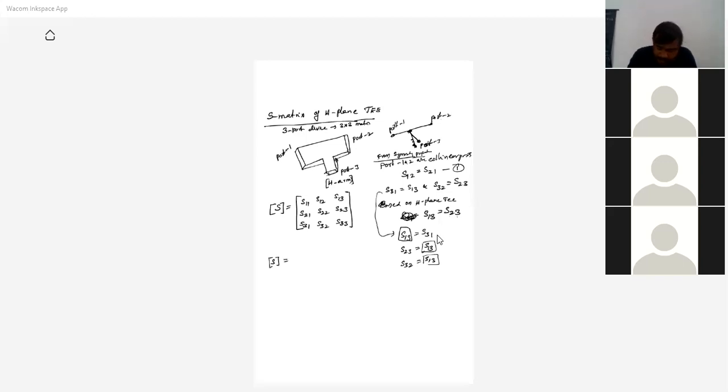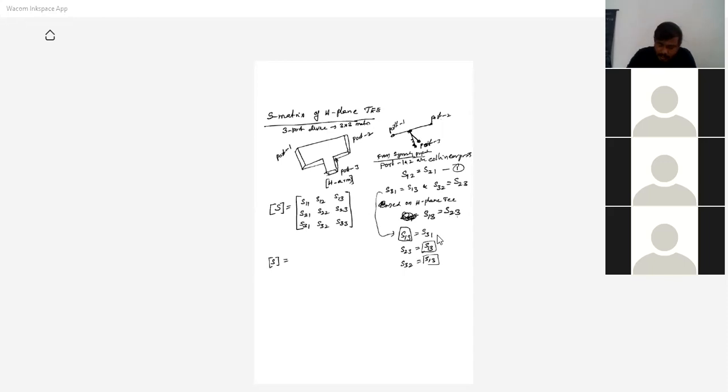Based on this property, in this H plane T, only port 3 is perfectly matched to the junction. Ports 1 and 2 are not perfectly matched. You can assume like that. That means only S33 is 0.